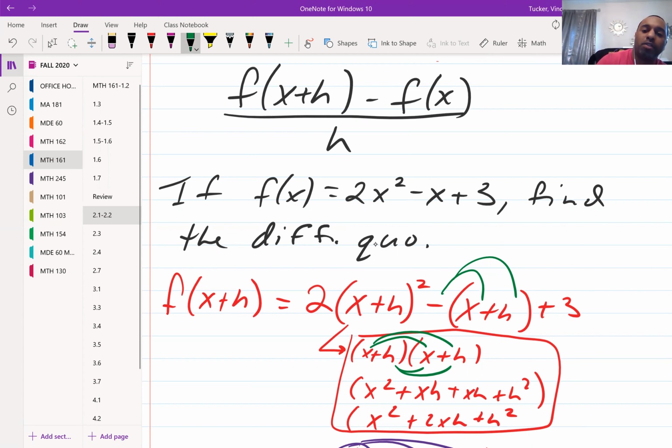So don't forget, this square cannot be applied to x and h individually. You have to expand that. So that's x plus h times x plus h. And so when you FOIL that out, that gives us this, distributing your x, distributing your h.